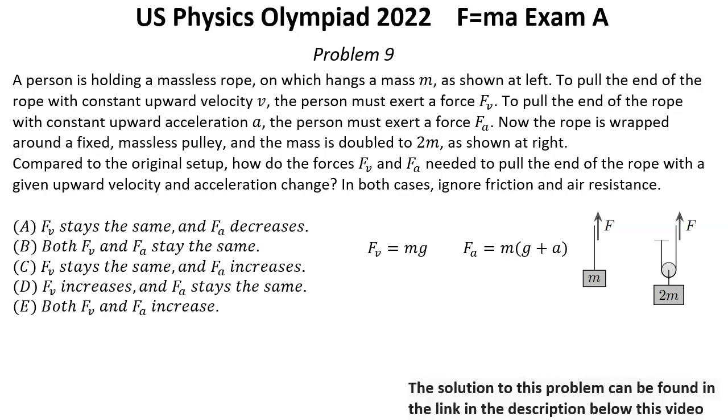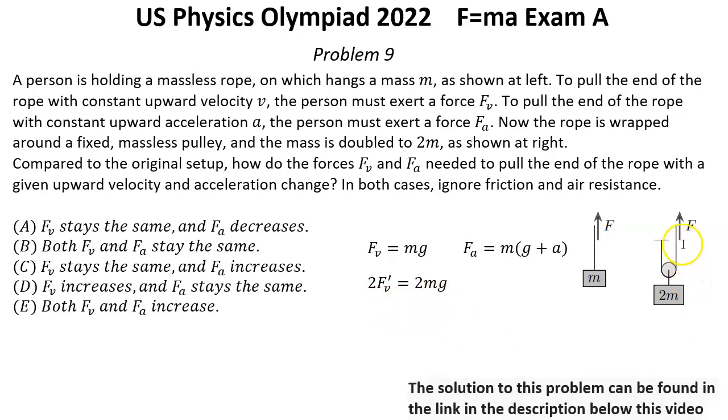Now let's check what happens in the right picture. Here, to pull this mass with a constant speed, we need to exert force Fv prime, because now force Fv prime is applied to both ends of this rope. It means that the total force applied to mass 2m equals 2Fv prime, and that's equal to 2mg.